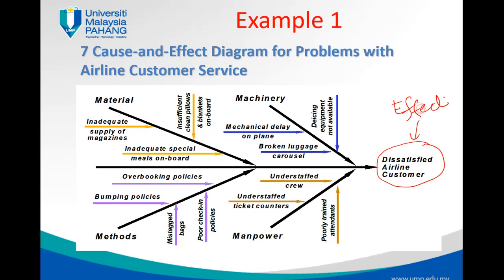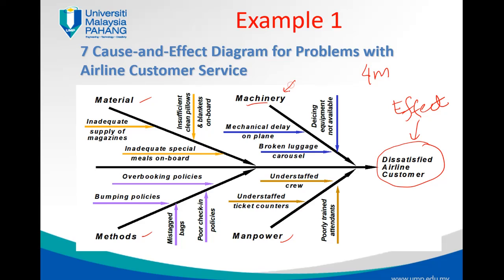At least, as I mentioned, we need to identify the causes for this problem using the 4M method: machinery, material, methods, and also manpower. And from there, we will detail out the reasons or the causes.